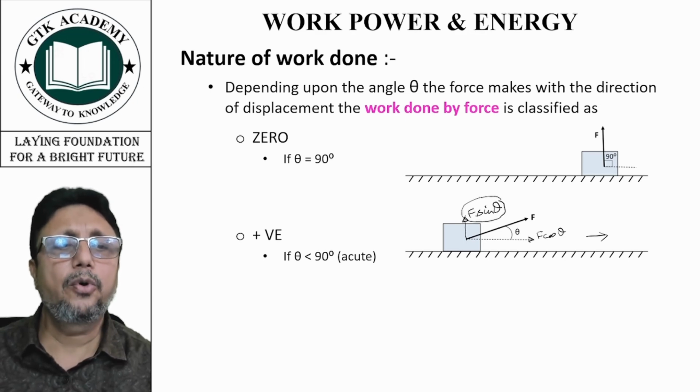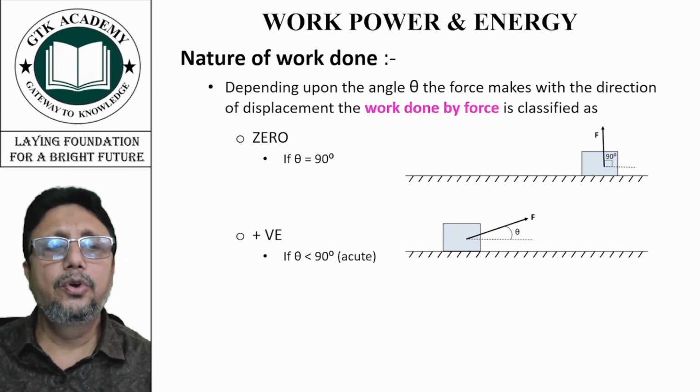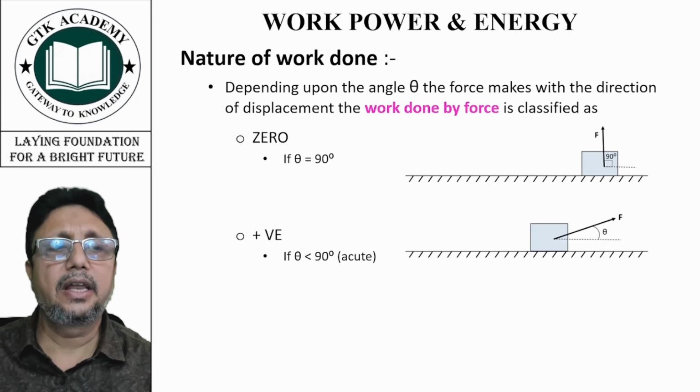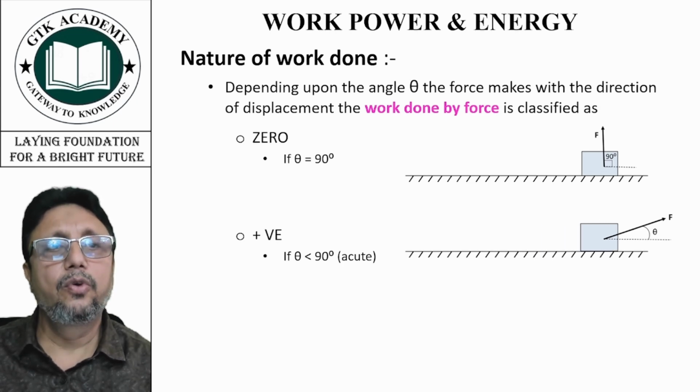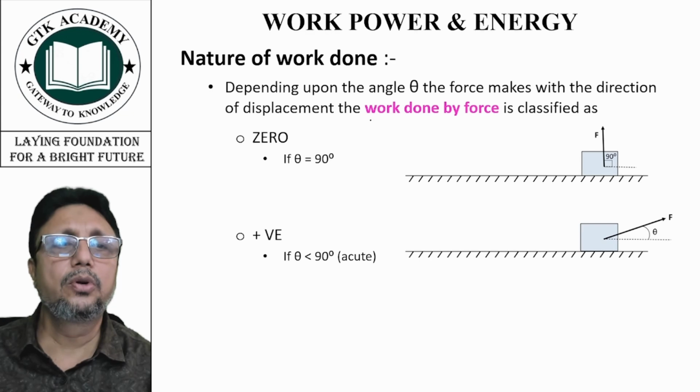But we are having some positive quantity. If theta is 0, there is no component in this direction. So now if you have a displacement in this direction, work done is positive. Work done by the force. Please note this. Work done by the force.